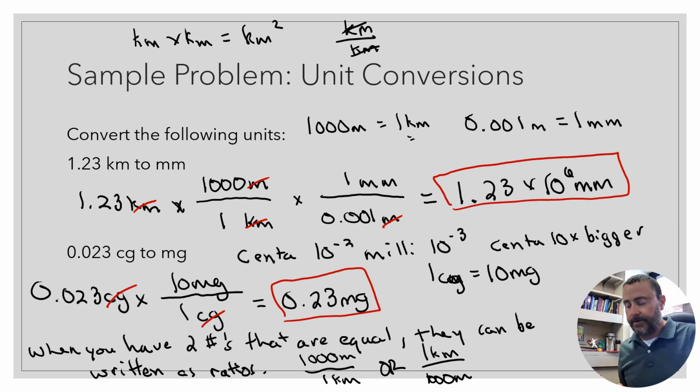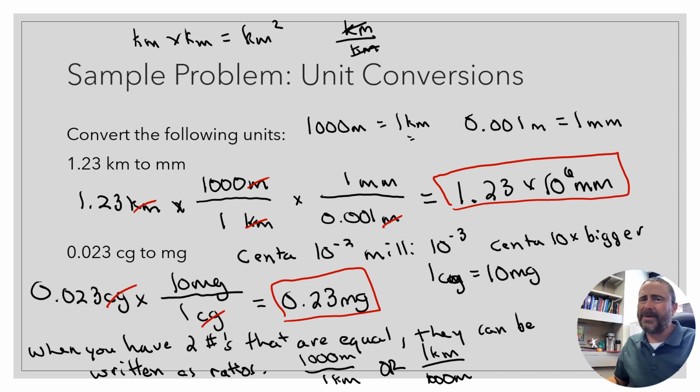I have 0.23 milligrams as my answer. So again, work a lot of these, because if we can get the basics down with base units like distance, time, and grams, then once we get to the chemistry, it should be relatively straightforward.